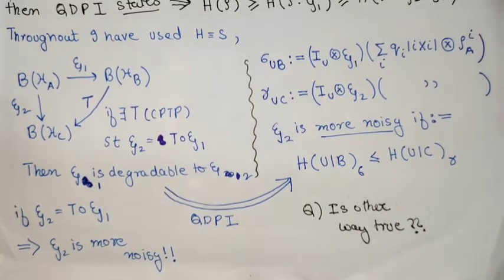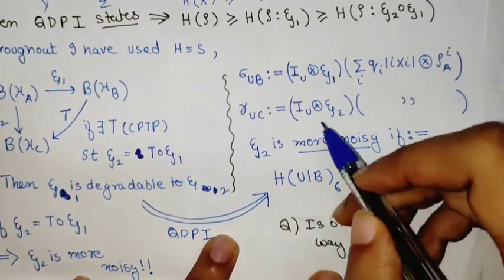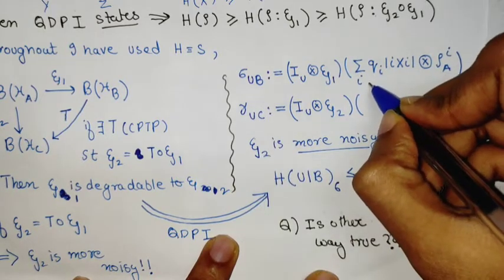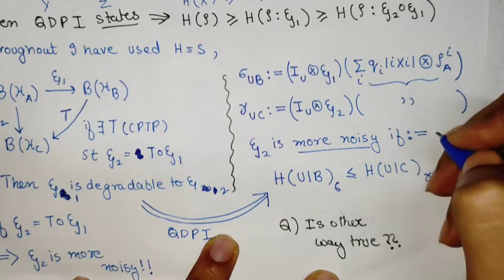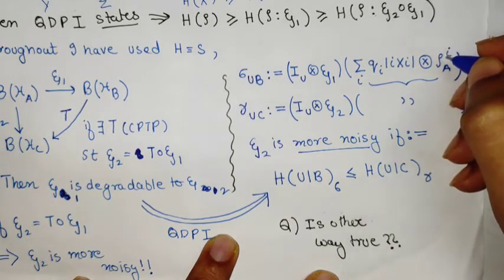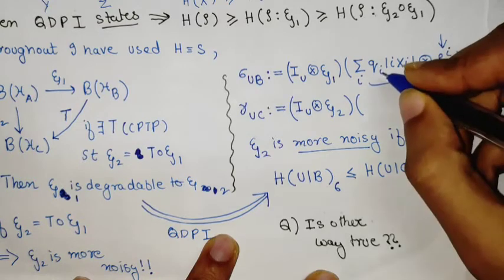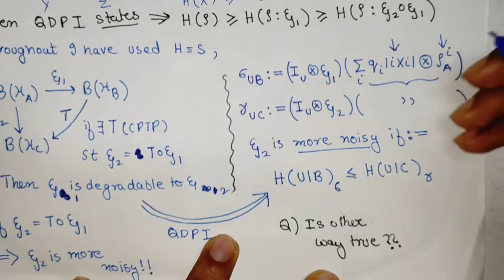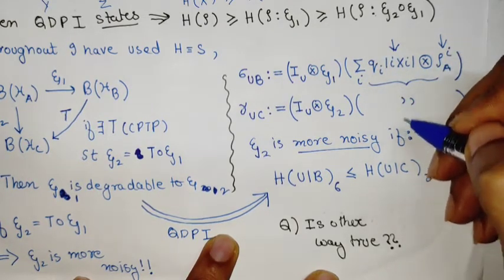Degradability suggests noisiness. For quantifying this noisiness, suppose we choose these classical quantum states. This is a classical quantum state where one part is a density matrix tensor product with this classical distribution. It is like sampling a density matrix using a probability distribution.